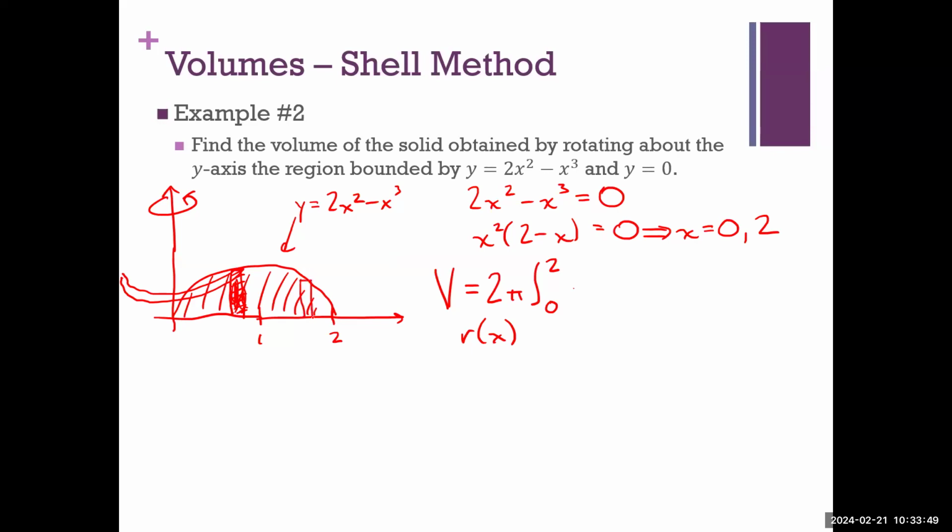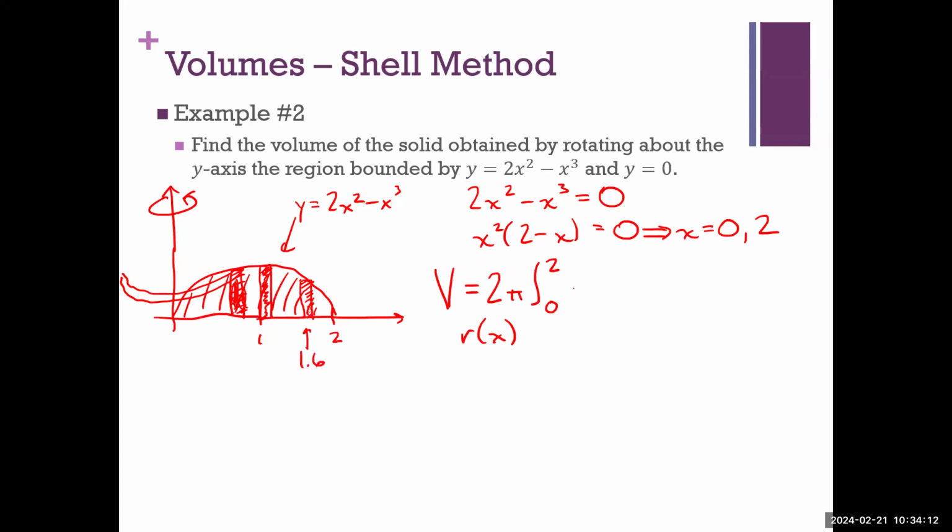How far are these rectangles from the axis of rotation? So if I draw a rectangle at 1, what's the radius of that cylinder going to be? 1. Let's say this one right here is at 1.6.